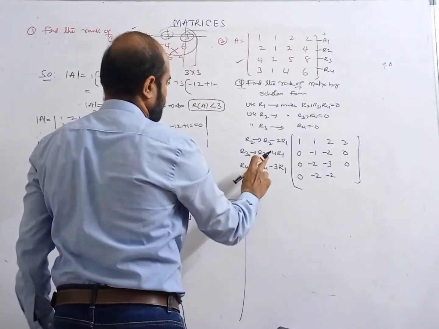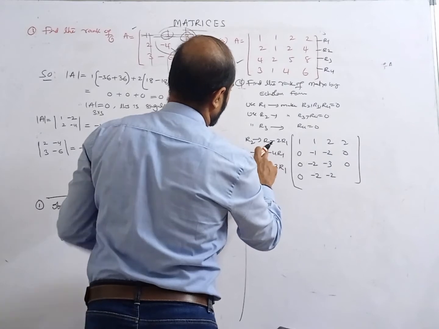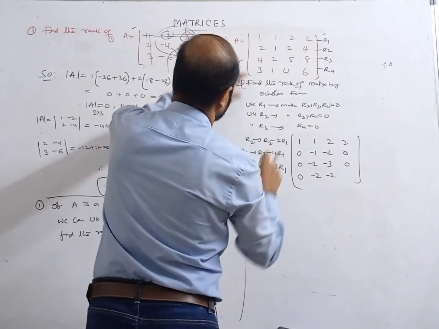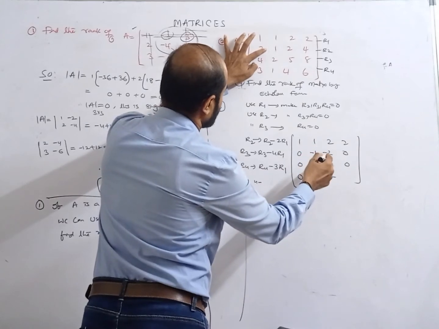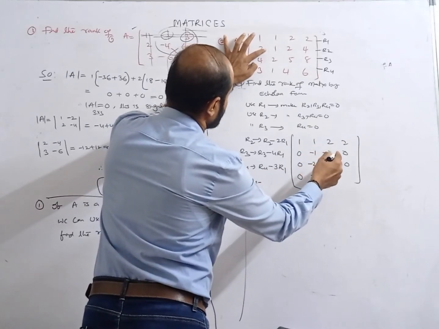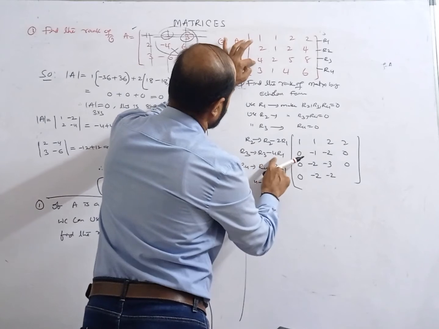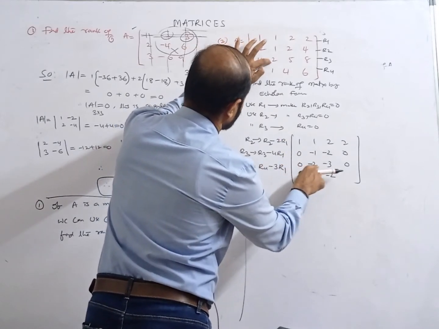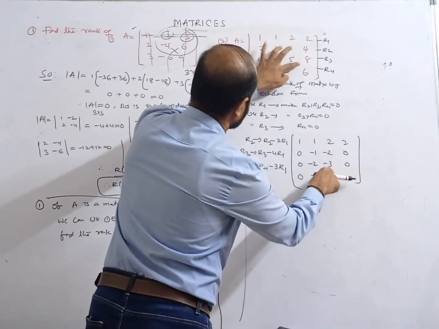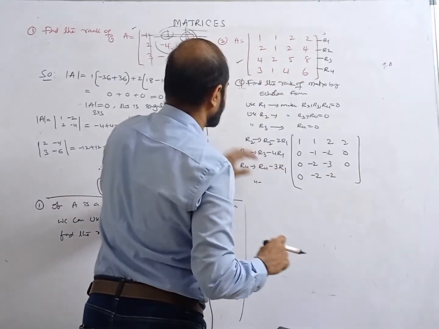Now we are using R1. R2 minus 2R1 gives 0, minus 1, minus 2, 0. R3 minus 4R1 gives 0, minus 2, minus 3, 0.